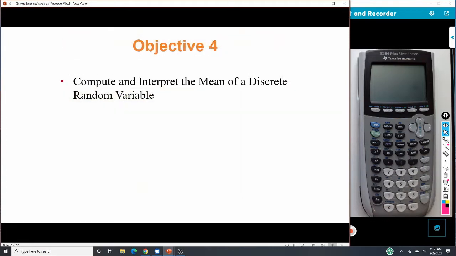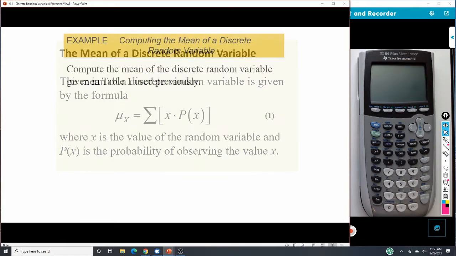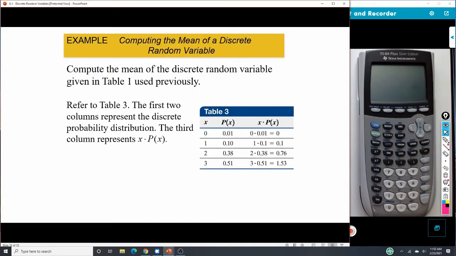All right, now let's look at the mean of these. So here's our formula for finding the mean of our probability distribution. It's the sum of x times the probability of x. So let's look at our previous table when we talked about our shots.